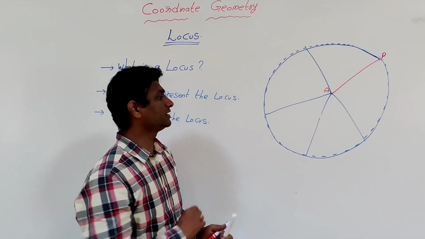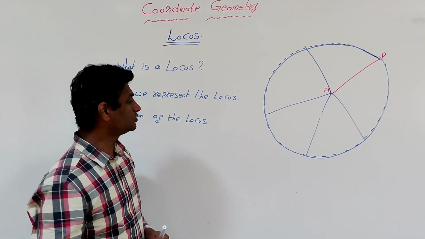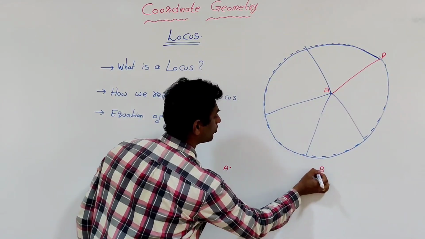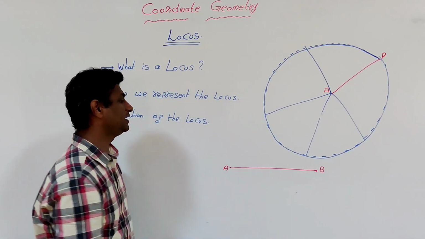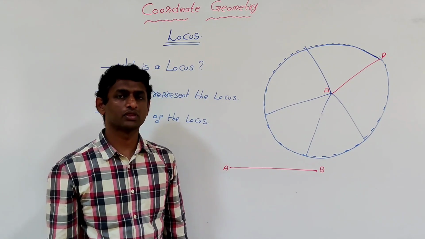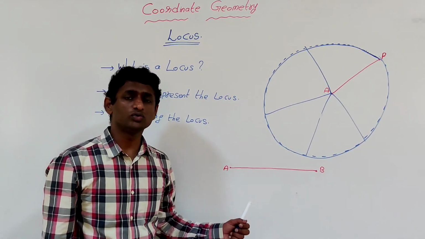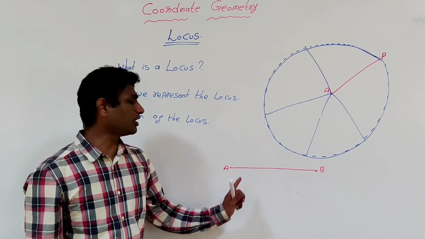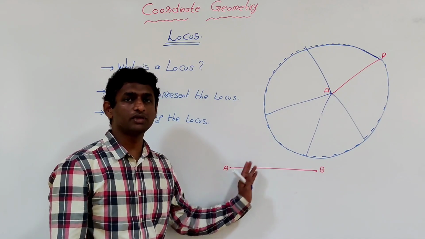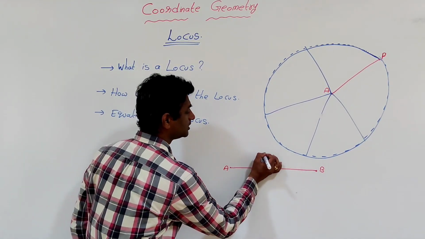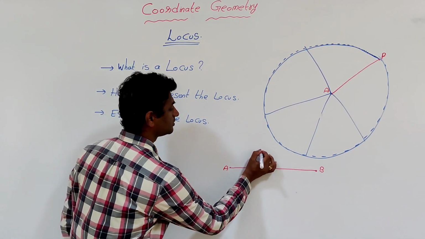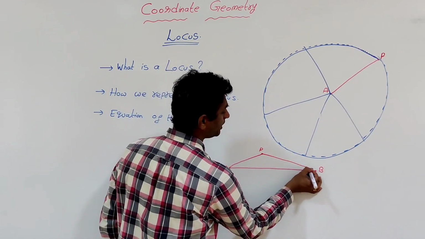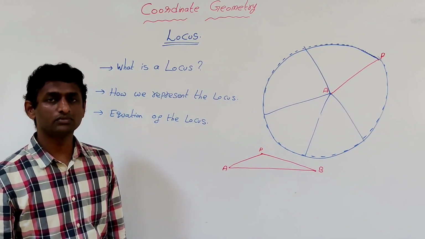Now we'll go for one more example. Assume that A and B are 2 points on the plane and join AB. It is a line segment. Now we have to choose the points in such a way that they are equidistant from both these points, from A as well as B. Assume that there is a point here, this is P. The distance from P to A and P to B will be the same.